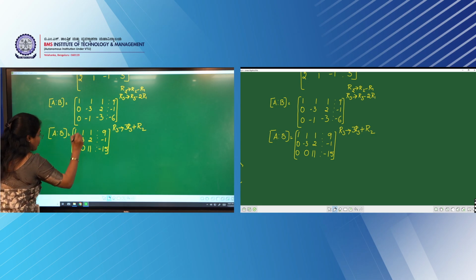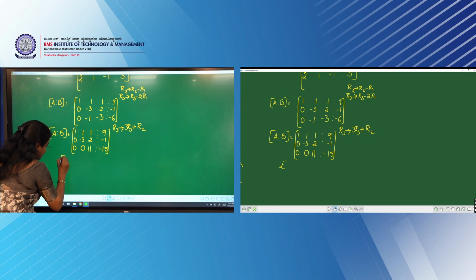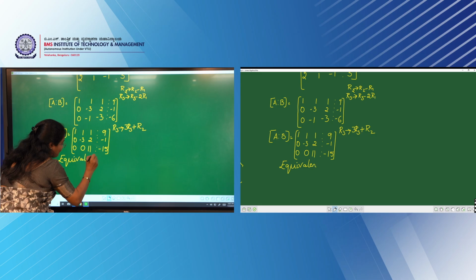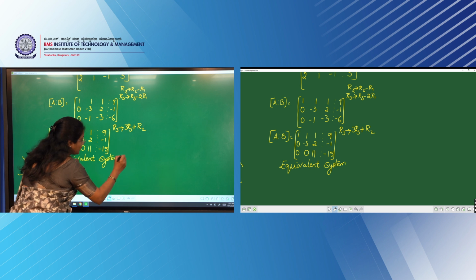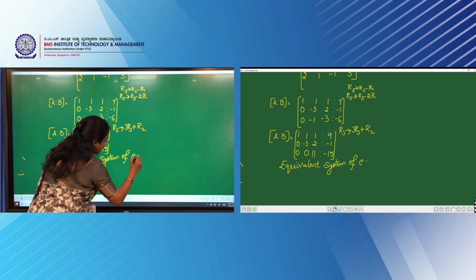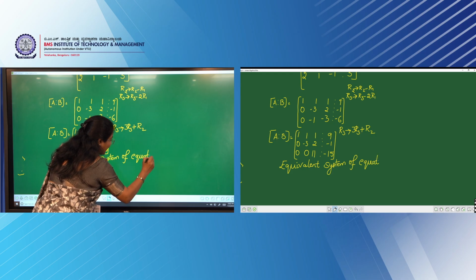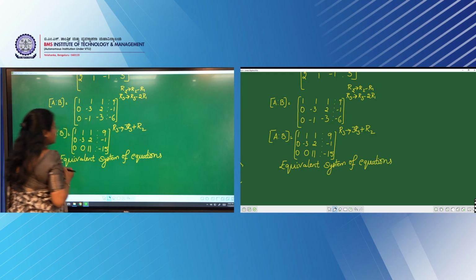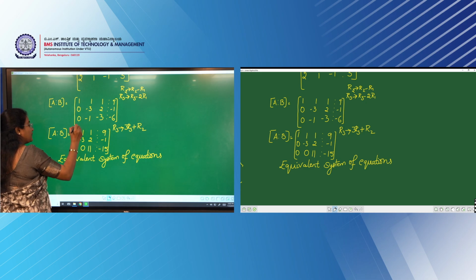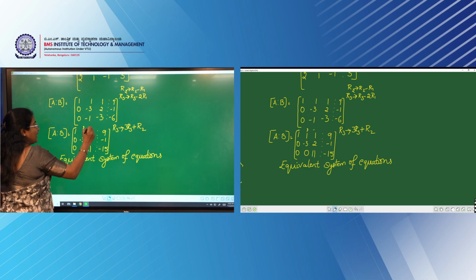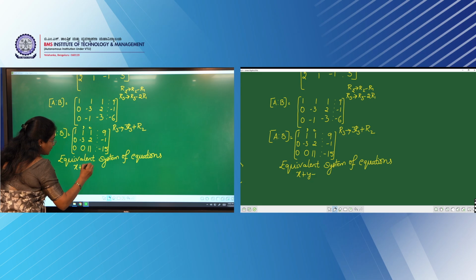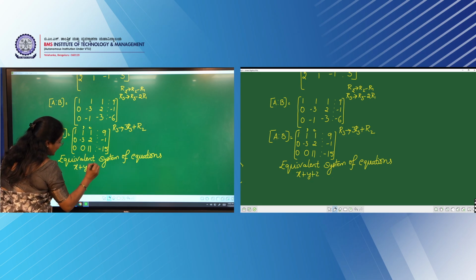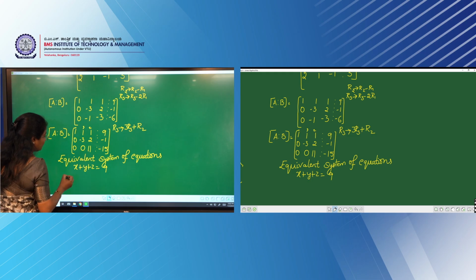So now we have to write the equivalent system of equations by the reduced matrix. Treat this as x, y and z. So x plus y plus z is equal to 9.